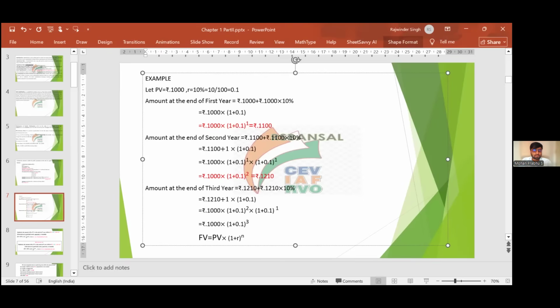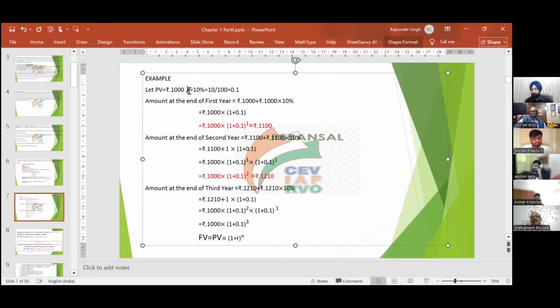So at the end of first year, what will happen? You will get some interest. That interest will be rupees 1,000 into 10%. And your total amount will be 1,000 plus interest.